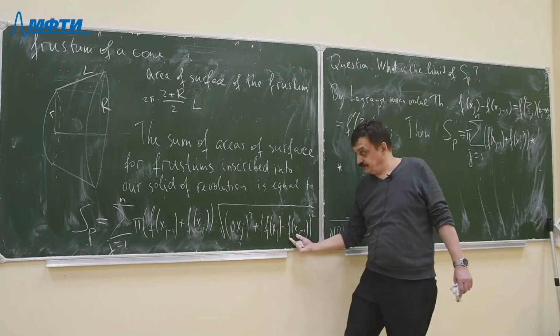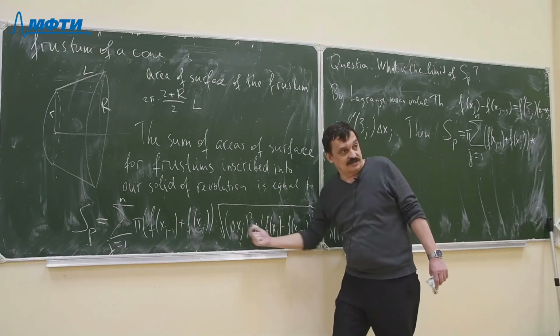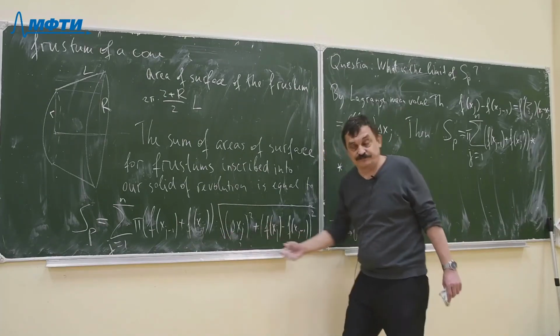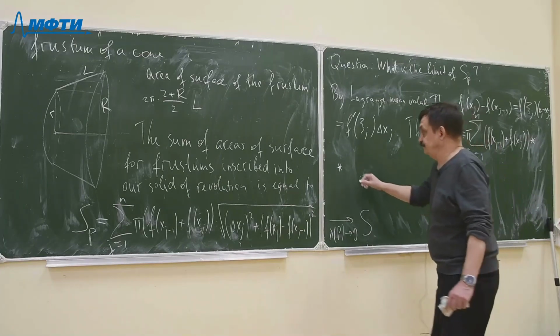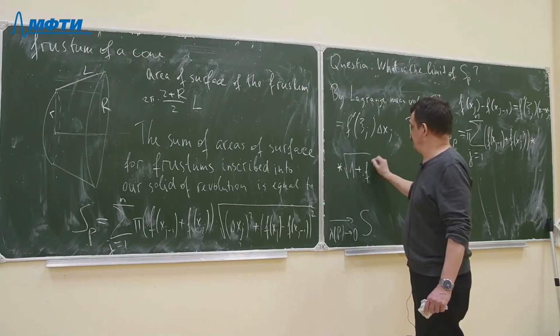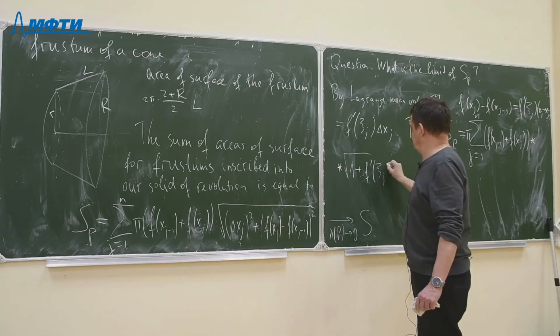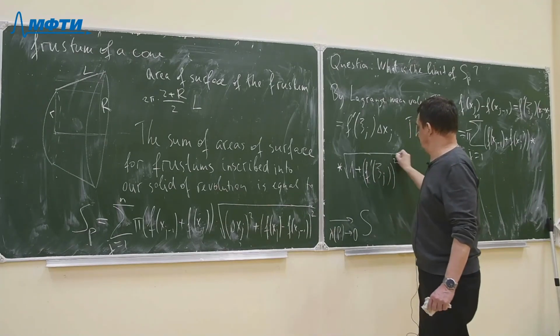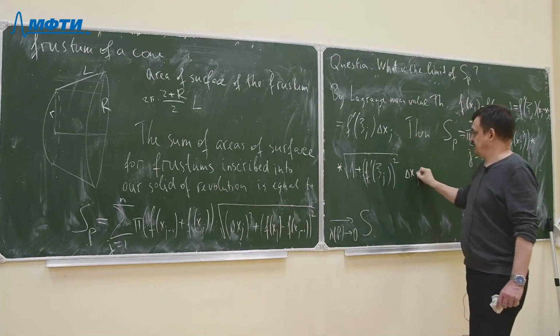Then we can put delta xj as a common multiplier outside. So what remains is the square root of 1 plus f prime at psi j squared, times delta xj.